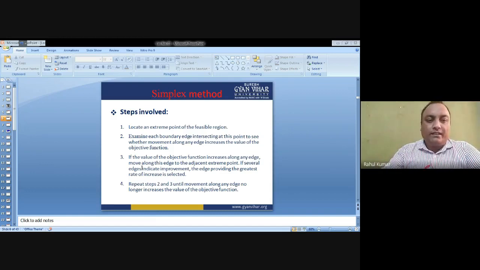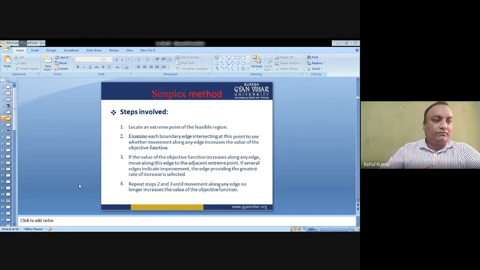Repeat steps 2 and 3 until movement along any edge no longer increases the value of the objective function. It means the objective function value is fixed after several iterations. So this is the solution of this problem, right?